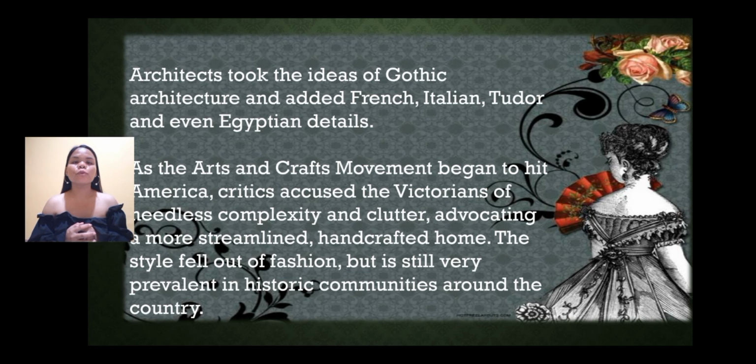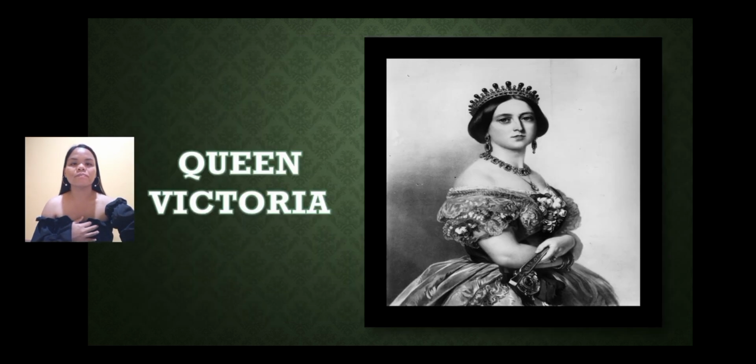Alright, since we already talked about the historical background of the Victorian era, now we'll be talking about the famous persons during the Victorian era. So first, this is Queen Victoria. Queen Victoria was the monarch of England during the Victorian era.